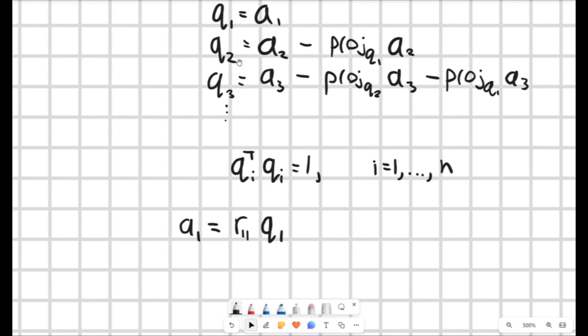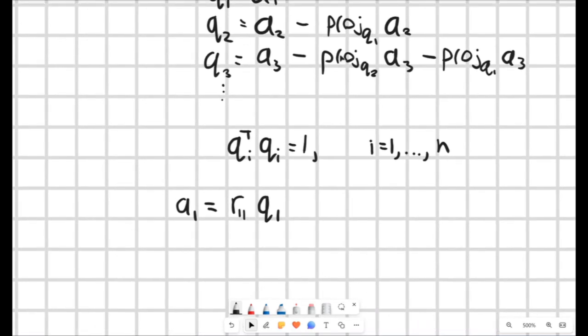If we move on to the second term, so if we rearrange this equation in terms of A2, what we've got is the vector Q2, and then it'll be added to some kind of a projection onto Q1. Okay, so that means that A2 can be expressed as a constant times Q1 plus a constant times Q2.